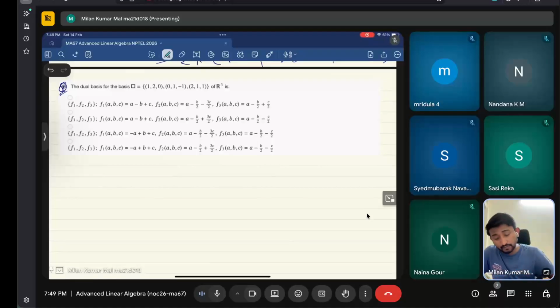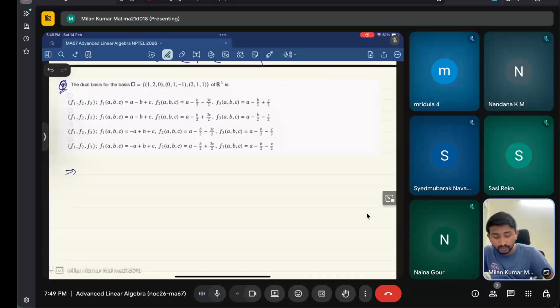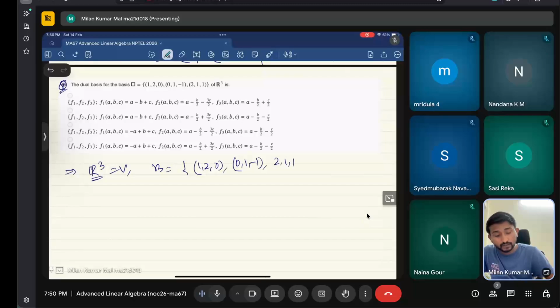Suppose we have R3, the vector space, and beta is the basis (1, 2, 0), (0, 1, minus 1), and (2, 1, 1). These are the three vectors in the basis, and I am taking this as the ordered basis.